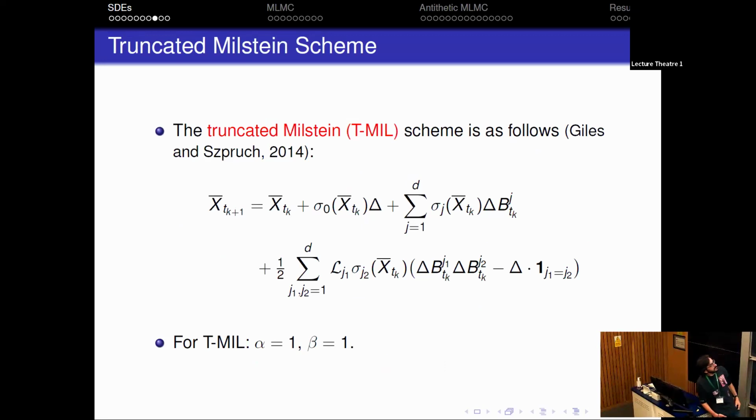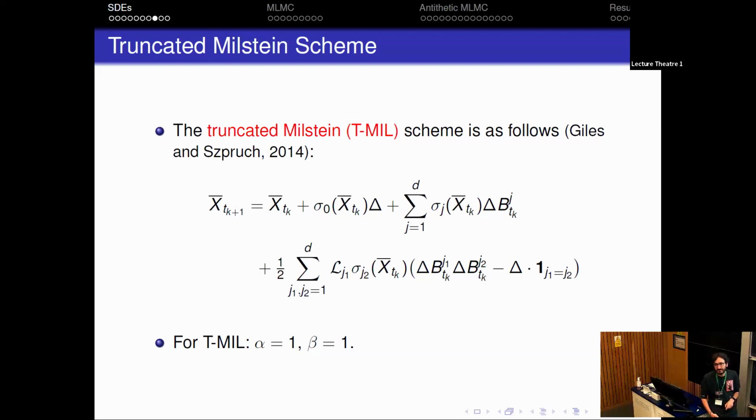Most, if not all, of the contribution we have done has been motivated by a paper by Giles and Szpruch, where they introduced this antithetic idea in a multi-level setting. In their case, they chop off these extra terms from the Milstein scheme. There was an extra term, if you remember, in the Milstein scheme, that suddenly has disappeared.